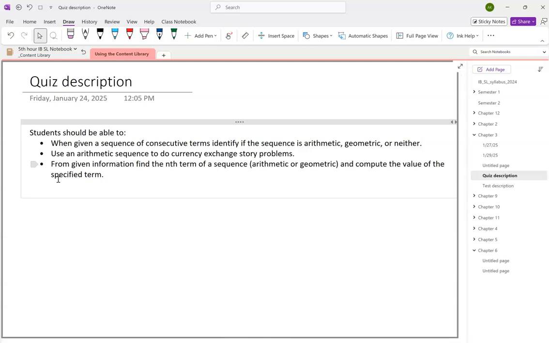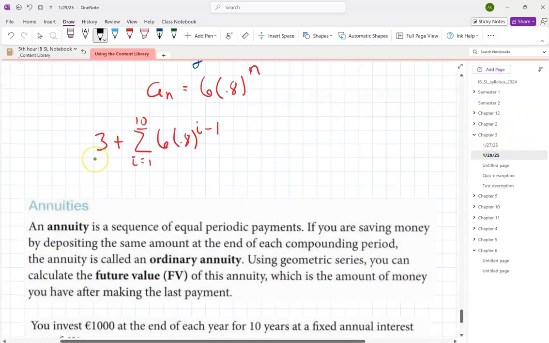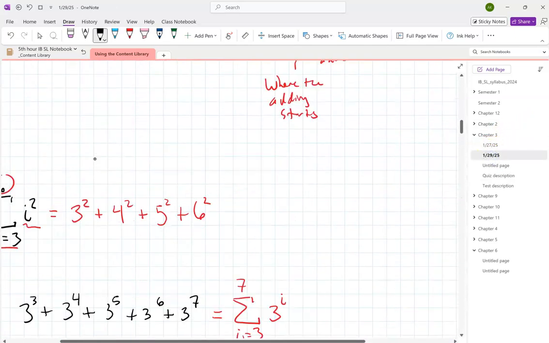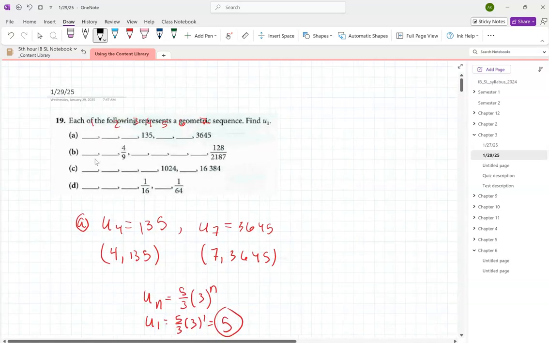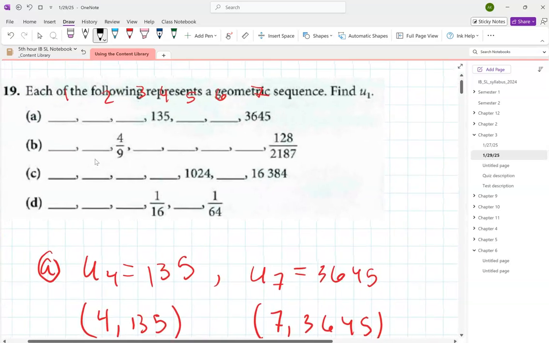Could we do an example of like the last bullet point where you're given 2 random terms and it's like find different ones? Yeah. So like that would be just like this guy here, right?